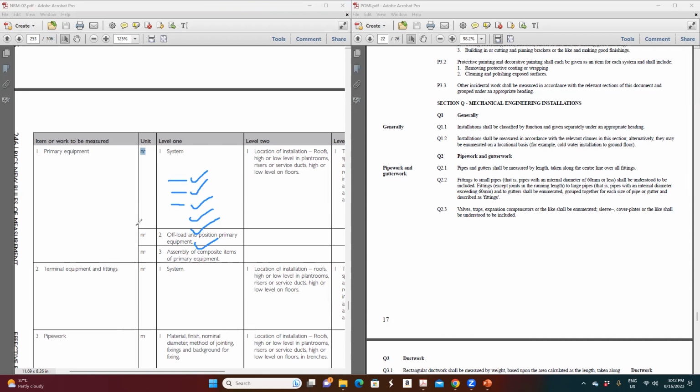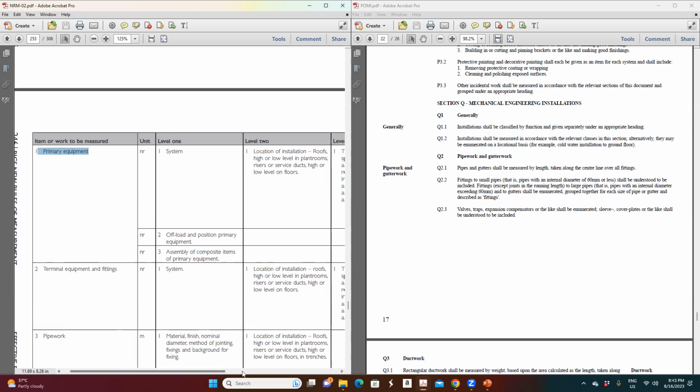NRM2 is not categorized based on the system, it is categorized based on the materials used in the project. For example, whatever equipment is used under the water supply system, such as a water heater, is also to be considered under this primary equipment. We use HVAC units, FCU under the HVAC, also to be considered under this primary section.